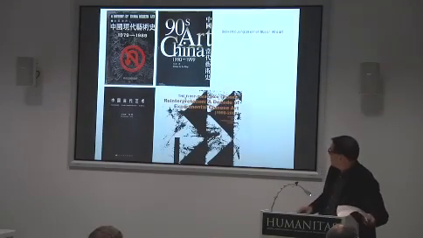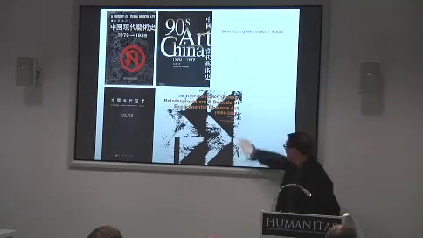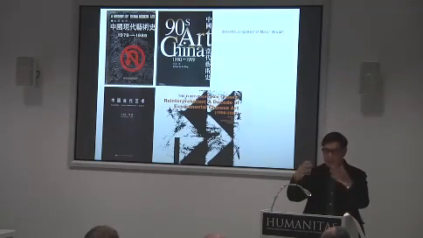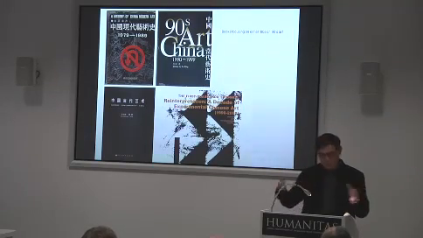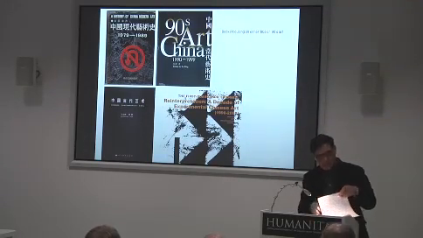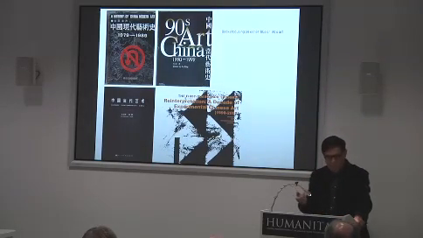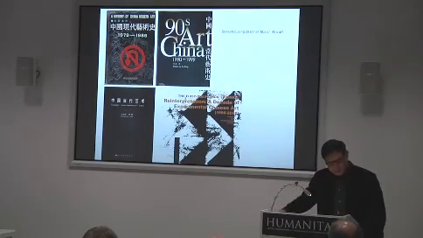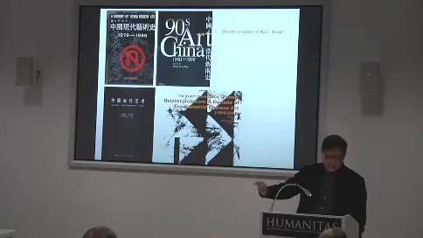Most books on this subject, including some that I edited, typically divide the history of contemporary Chinese art into the 80s and 90s, like 2 decades, and separate these 2 decades with the year 1989. So that is a very typical kind of narrative. I have just questioned this periodization by pushing the contemporary term back to the 80s.